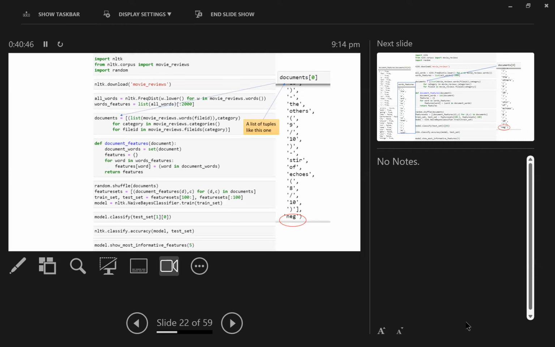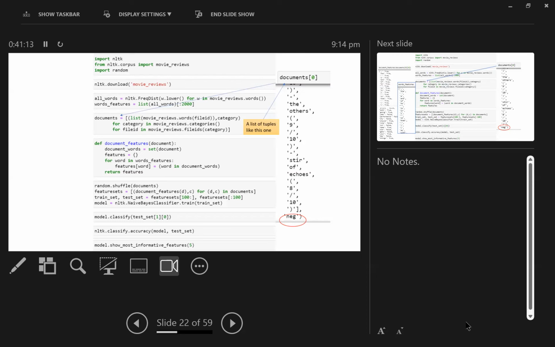Now, maybe we skip it and go to here. What we basically need to do is, we have this set of documents. So first we shuffle these documents to make it random, in order to create a useful training data set.